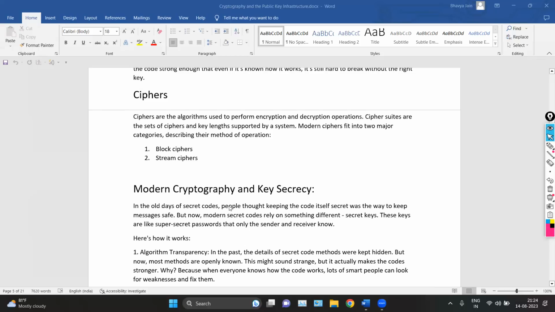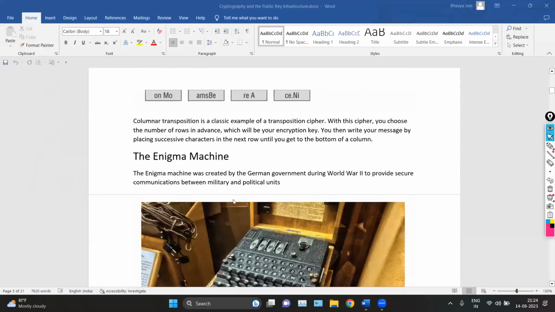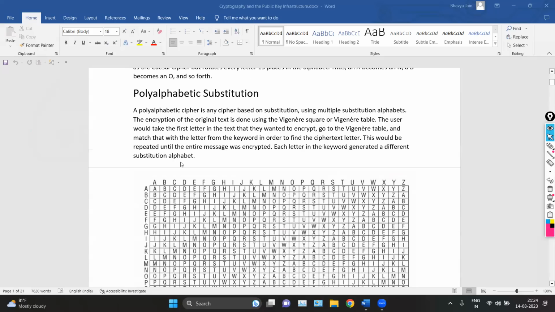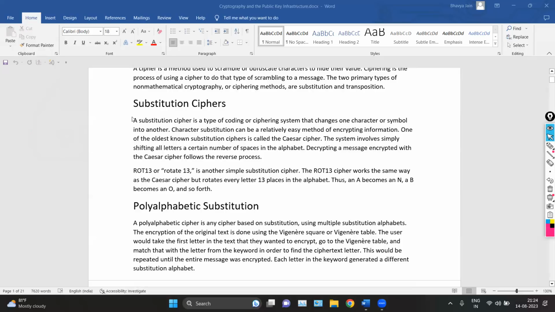Instead of using blocks, you convert each letter one by one. The example is the Caesar cipher. Polyalphabetic and substitution ciphers are also examples, and Caesar cipher and rotate 13 are examples too.